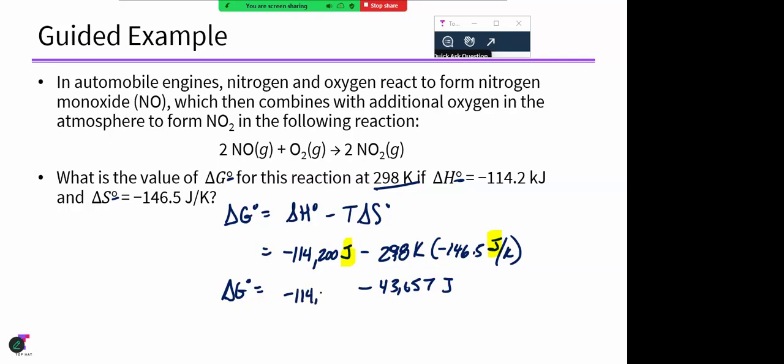So negative 114,200 minus negative 43,657, rounded to the hundreds place, because that is our last significant digit here, we get negative 70,500 joules, which we could then turn into negative 70.5 kilojoules.